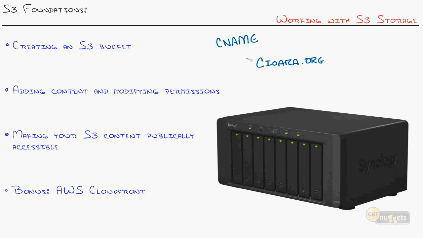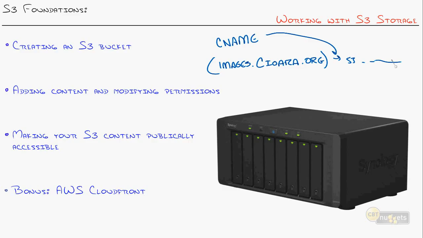With that URL, maybe I want to create images.chara.org that points to this big image library that I have stored on some of the S3 servers for AWS. So what I can do is create a CNAME in DNS that says, when people go there, it actually points to that S3 Amazon URL that we were looking at before.